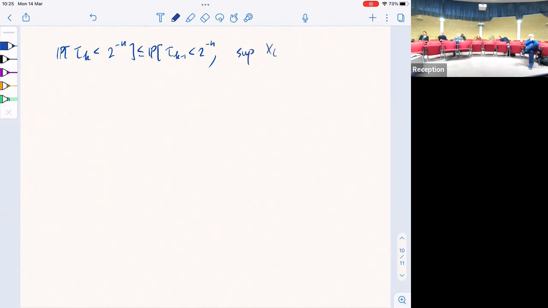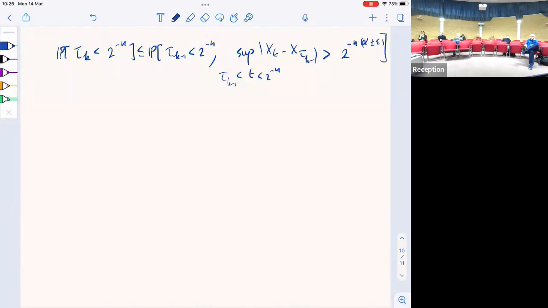Also, from this point, I know that the process after tau k minus 1 exits in time smaller than 2 to the negative n. So what I require is that after the k minus 1st exit time, I start from here, and my next exit time will still be smaller than 2 to the negative n. Alpha, let's say. Actually, I want to have some room, plus or minus epsilon.